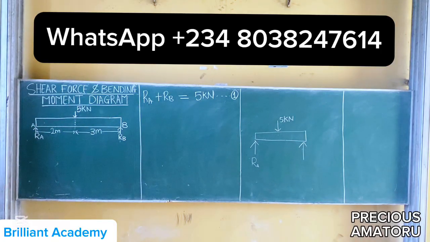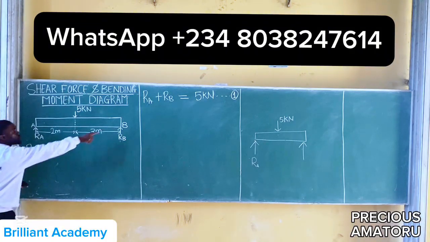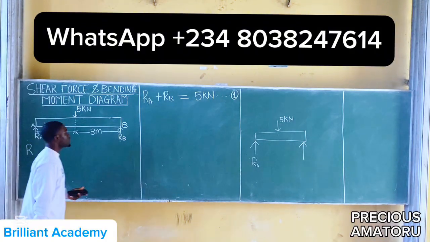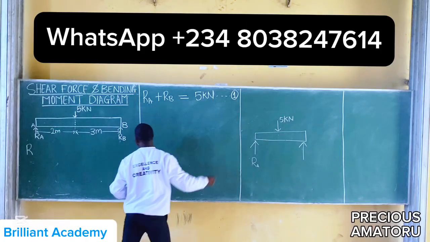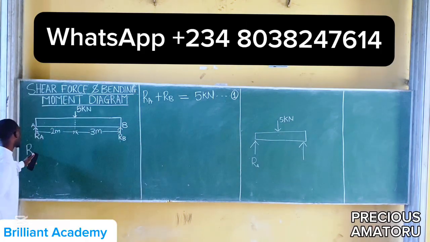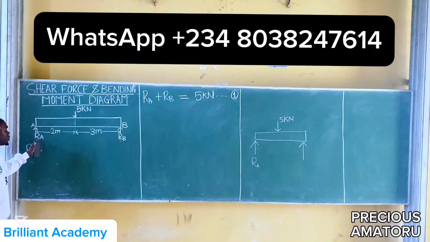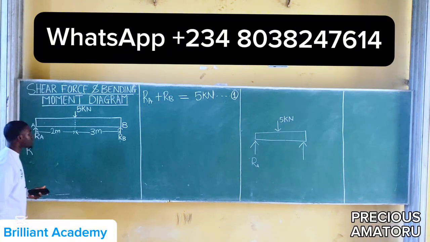So therefore we can say that RA plus RB equals 5 kilonewton. Let me just write it here. So this is our equation 1. We are going to get our equation 2 from using the idea of moment.